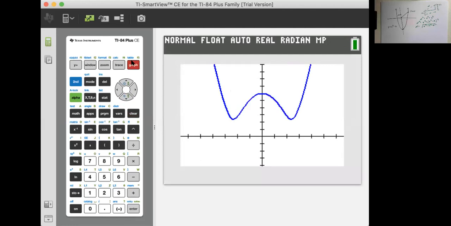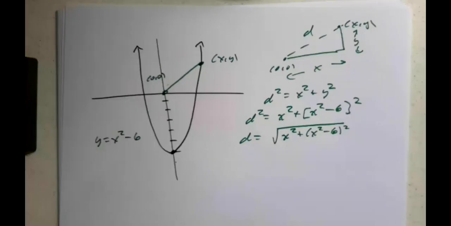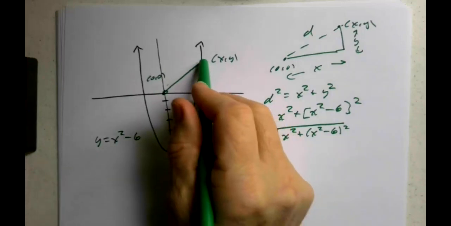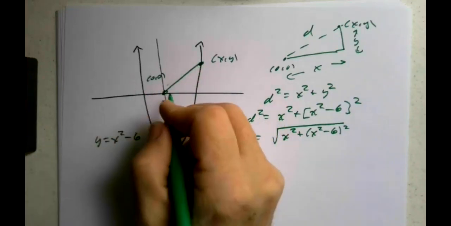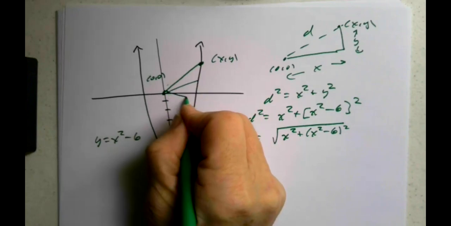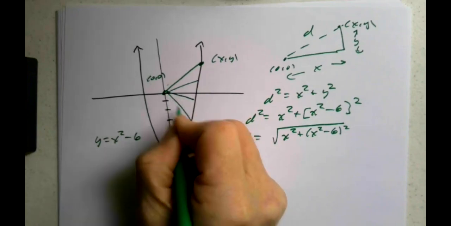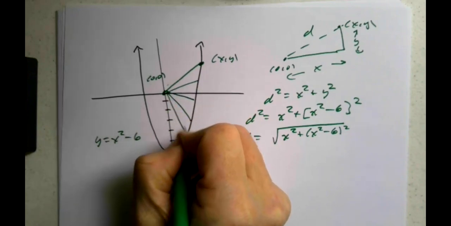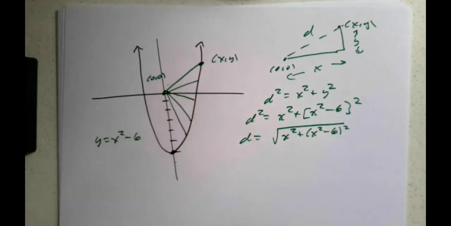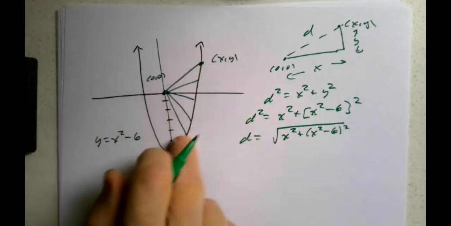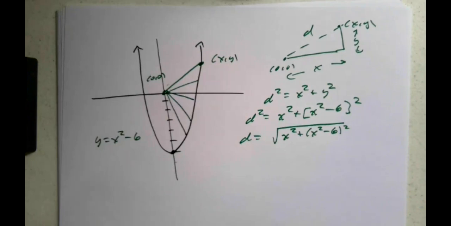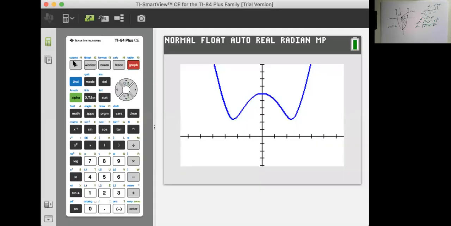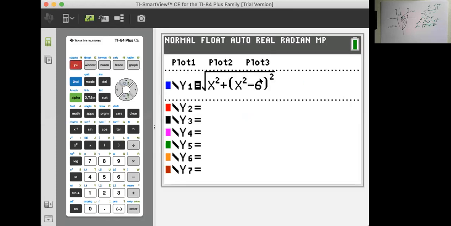Now remember, the x value corresponds to what? The x value corresponds to the x value on the curve. So whatever x value we have, we are looking at this number. The y value on the graphing calculator is not the y value on the curve. It's y meaning two different things. The y value on the graphing calculator means the distance.